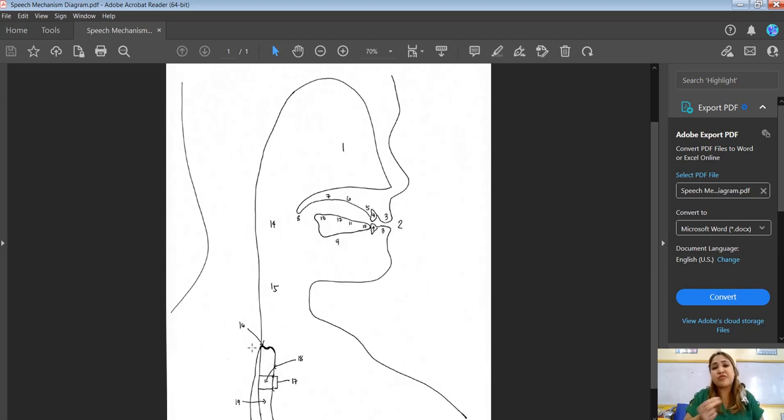So therefore, class, when we are eating and we chew our food, and we take in our food, if we are talking while we are eating, the tendency is the epiglottis will open. So instead of the food particles passing through your throat going to your esophagus, there's a tendency that it might go to the larynx because the epiglottis is open.